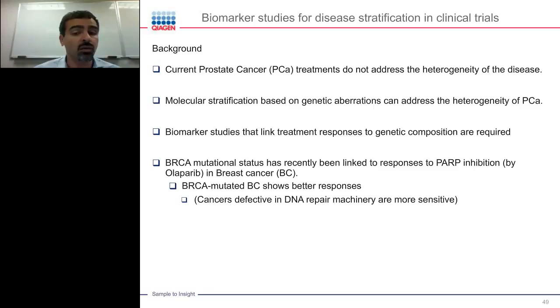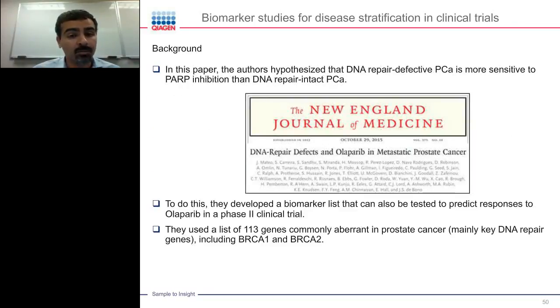DNA repair machinery. So the question here that the authors wanted to do in this paper, they hypothesized that DNA repair defective prostate cancer is more sensitive to PARP inhibition than DNA repair intact prostate cancer. This paper was published just this past week in the New England Journal of Medicine.